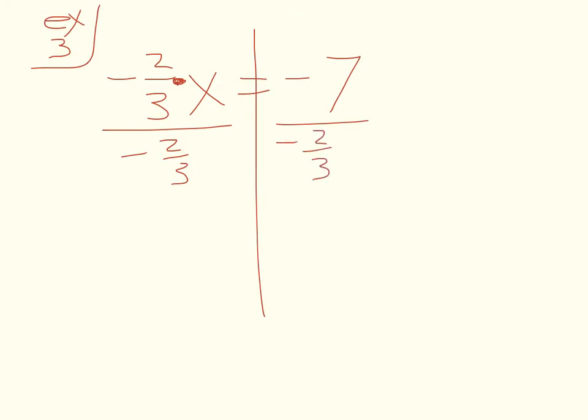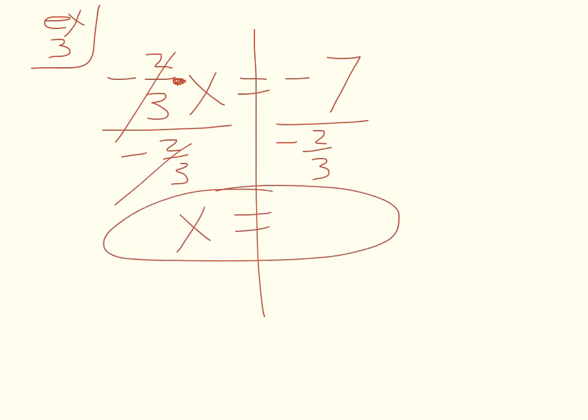So in dividing by negative 2/3, those cancel out, so x equals something. It's a negative divided by a negative, so we can make the answer positive. Actually, one easy thing to do is just make these plus signs. If you have a negative divided by a negative, it's the same as a positive divided by a positive. So now we have 7 divided by 2/3, but we've got to write this out to the side. So we end up with 7/1 divided by 2/3.